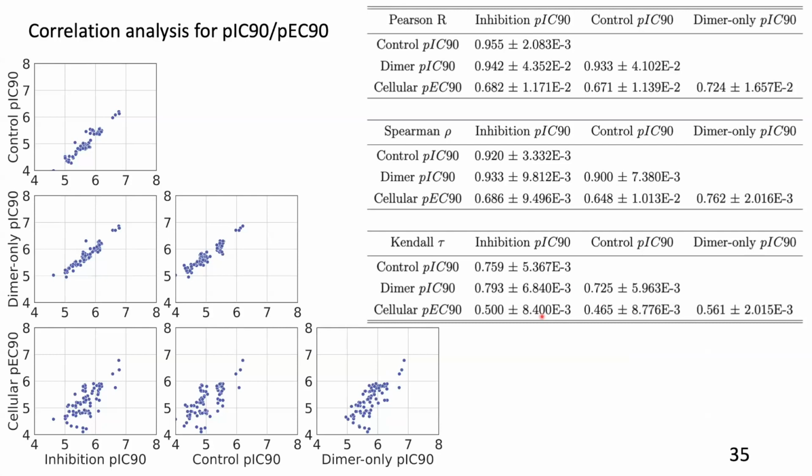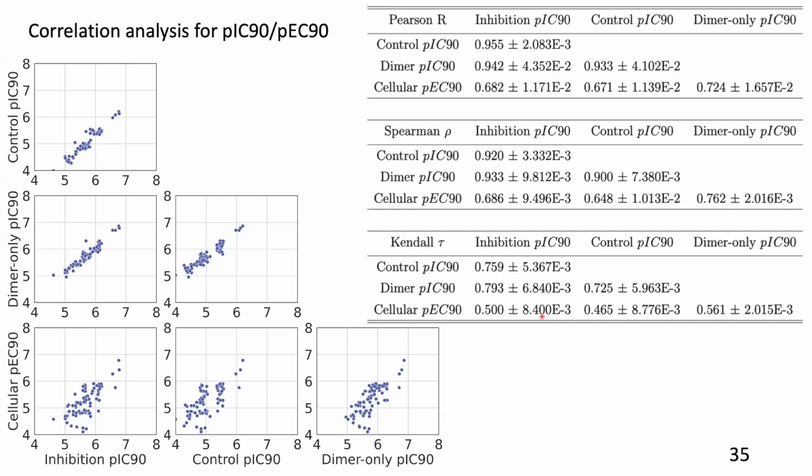We also had a hypothesis that maybe 50% inhibition is not sufficient to have a cellular effect, and we may see a better effect if we look at the 90% inhibition. We wanted to compare whether the dimer-only or the biochemical IC90s were better correlated with the PEC90s than the 50 values.